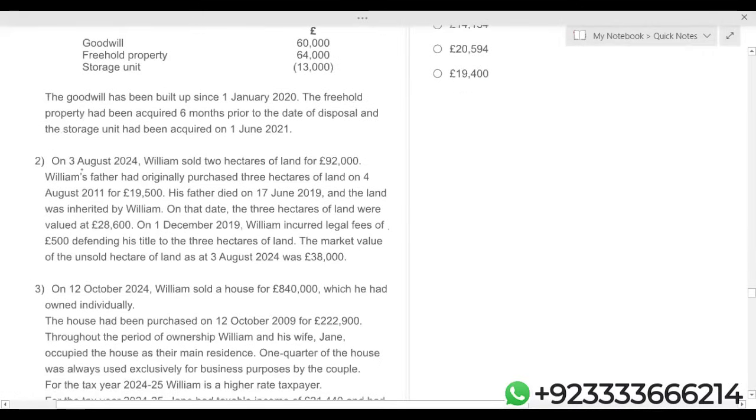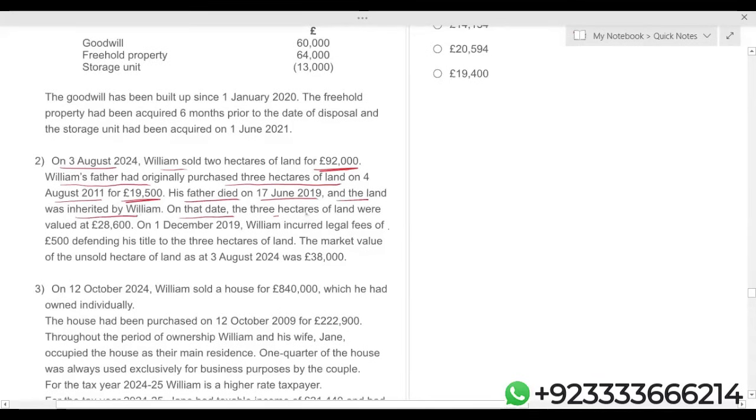It's here. On 3rd August 2024, William sold 2 hectares of land for 92,000. William's father had originally purchased 3 hectares of land on 4 August 2011 for 19,500. His father died on 17 June 2019 and the land was inherited by William.